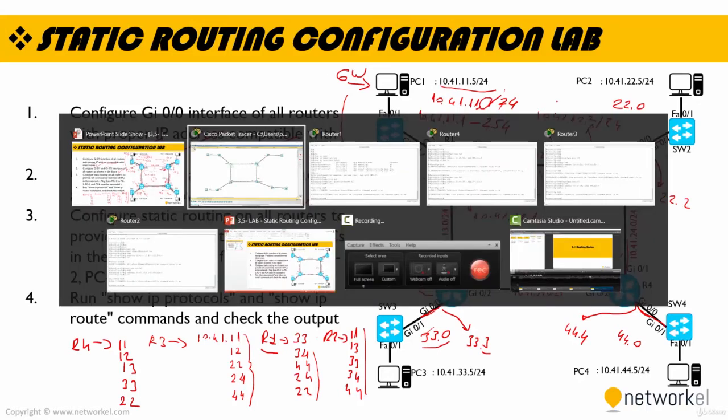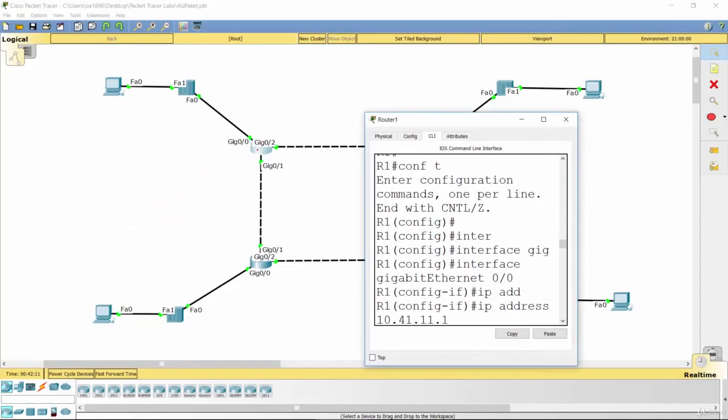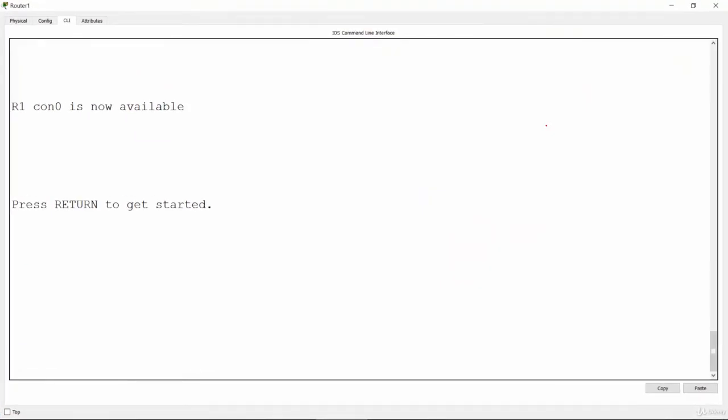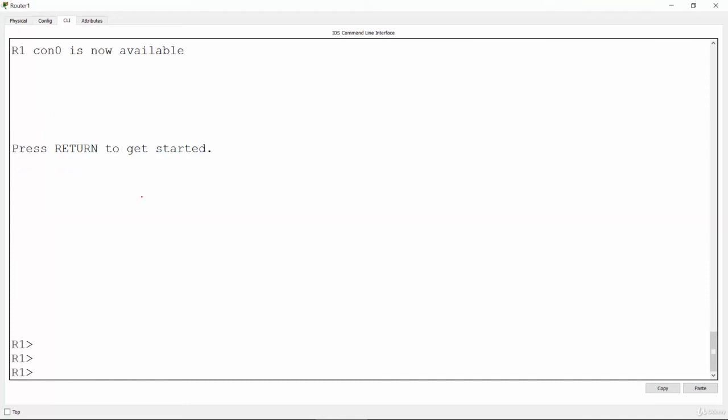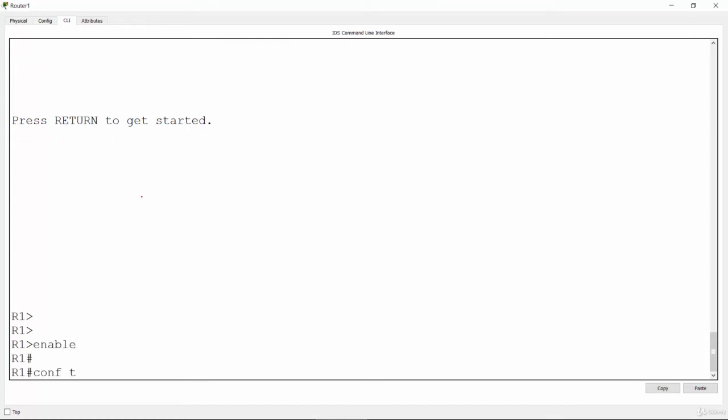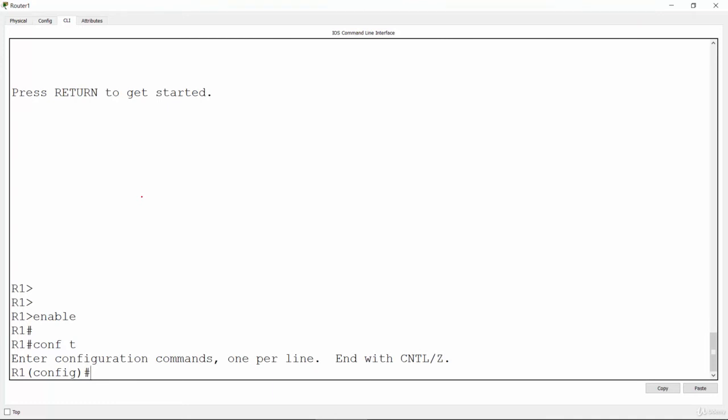Alright, now it's time to go to Packet Tracer again, and I will make the configurations that I talked about. Oh my god, my CLI is broken, and it's okay right now. Okay, let's go. Enable, config. My static route config is like this. As you remember from our previous slides, it's ip route.